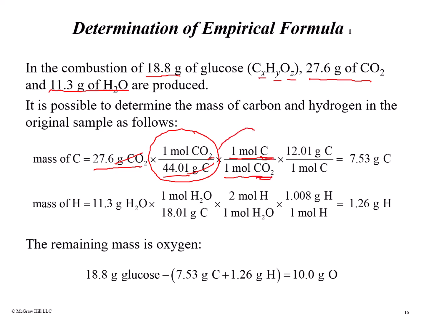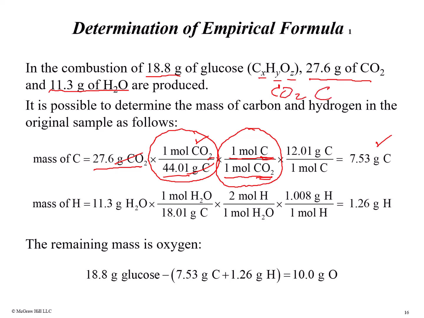This is the most missed part of the problem. It's easy, but students, for some reason, get a mental block and go, how do I get from moles of CO2 to grams of carbon? Well, you have to look at the relationship between CO2 and carbon, and it's 1 to 1. So that's what we have here.